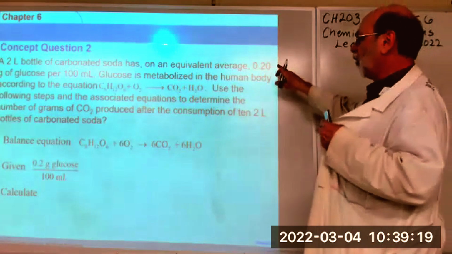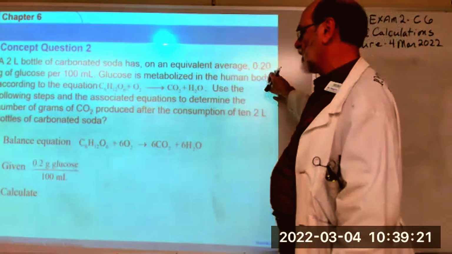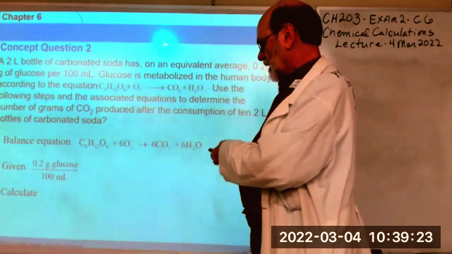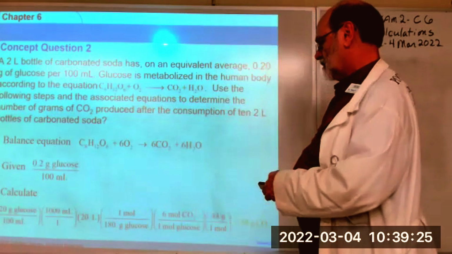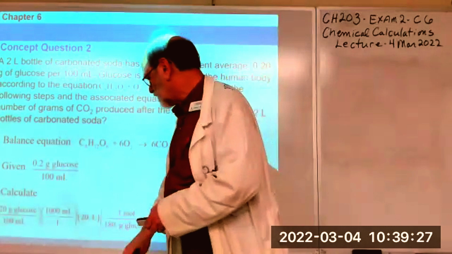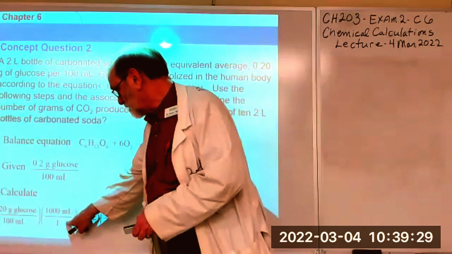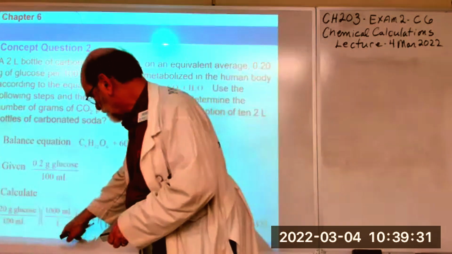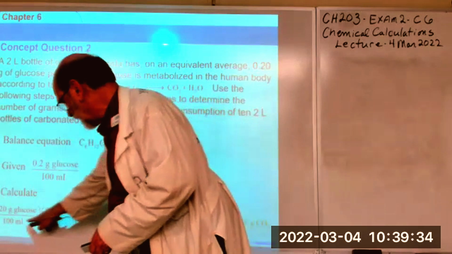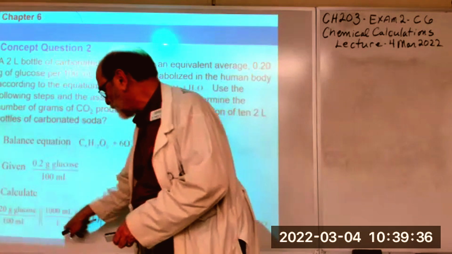Now, if we're given 0.2 grams of glucose per 100 mils, and we want to convert that to liters, right? So this cancels the milliliters and gives us grams per liter.